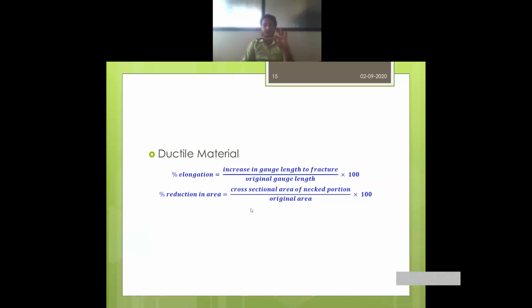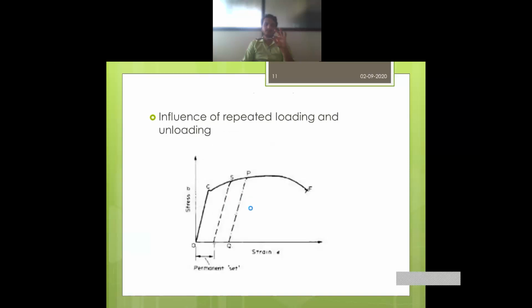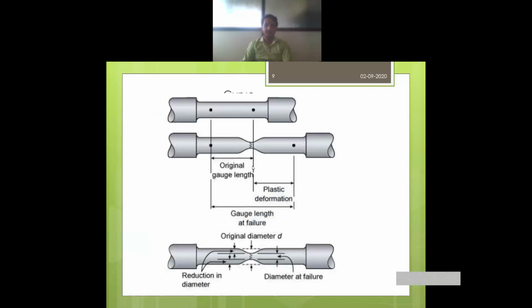Let us go to the neck portion, look here. In this second diagram you can see here it is the neck portion. See here, this is the neck portion and this is the original diameter.